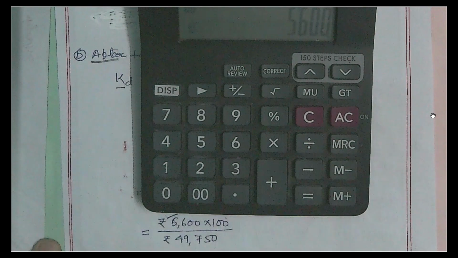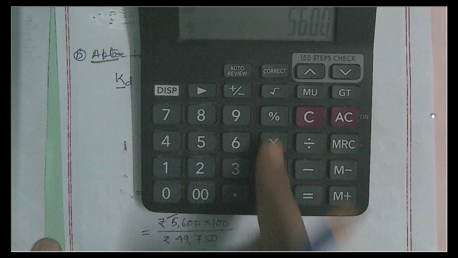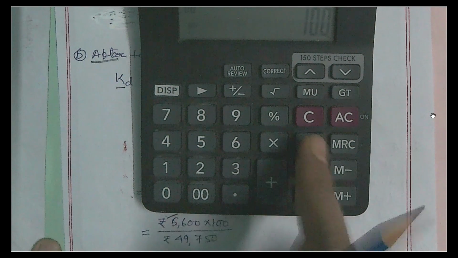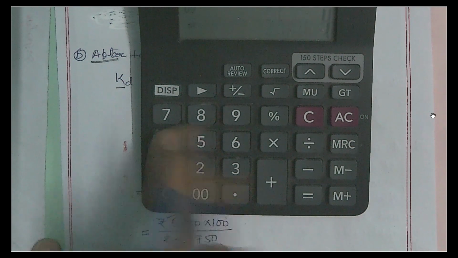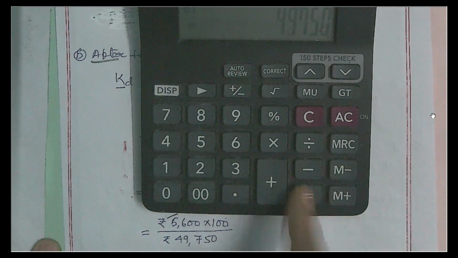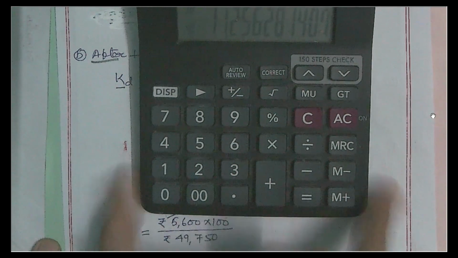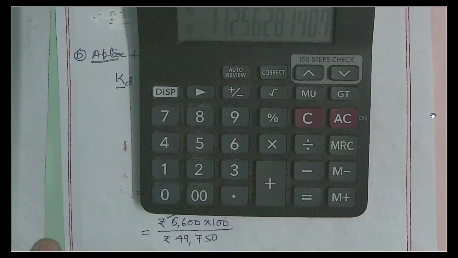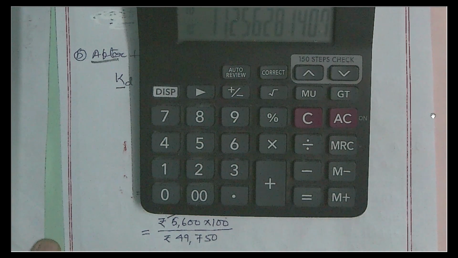Okay, so this is 5,600 and this 100 is here, and when we divide this 5,600 into 100 by 49,750, the result we get is 11.256. The third decimal place is more than 5, so the preceding figure is increased by 1, so here 11.26%.